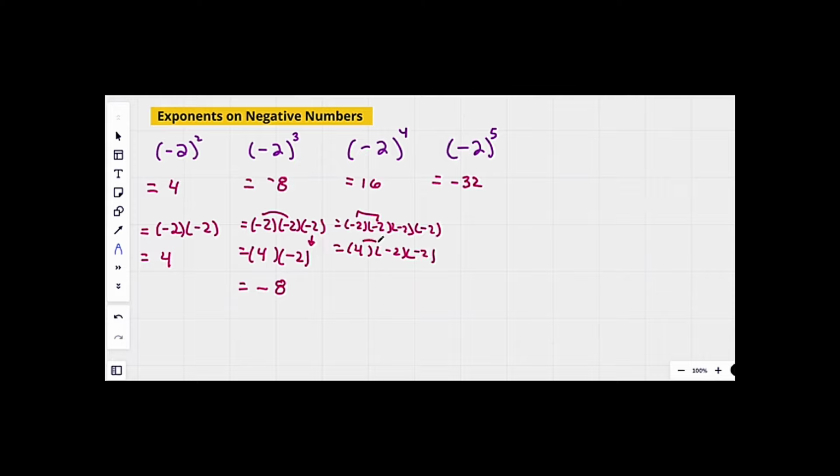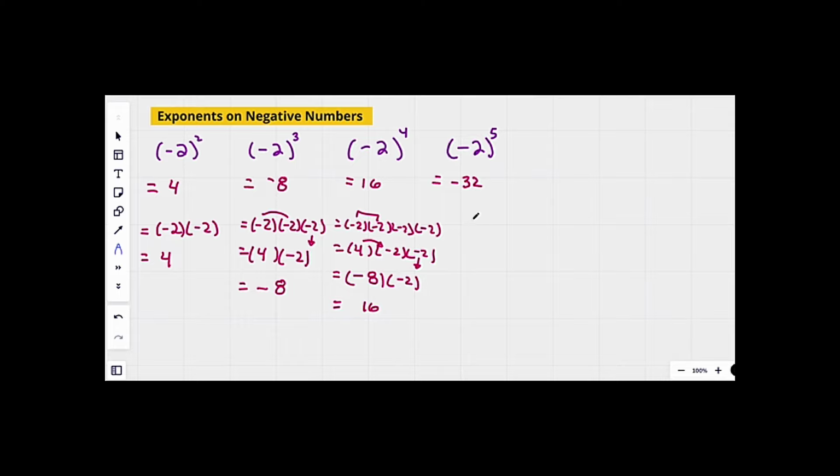What is 4 times negative 2? We've got a positive times a negative. It's always a negative. That's a rule of integers. So this ends up as negative 8 times negative 2 because we still have this 2 to bring down. And now we've got 8 times 2, which is 16. And a negative times a negative always equals a positive.